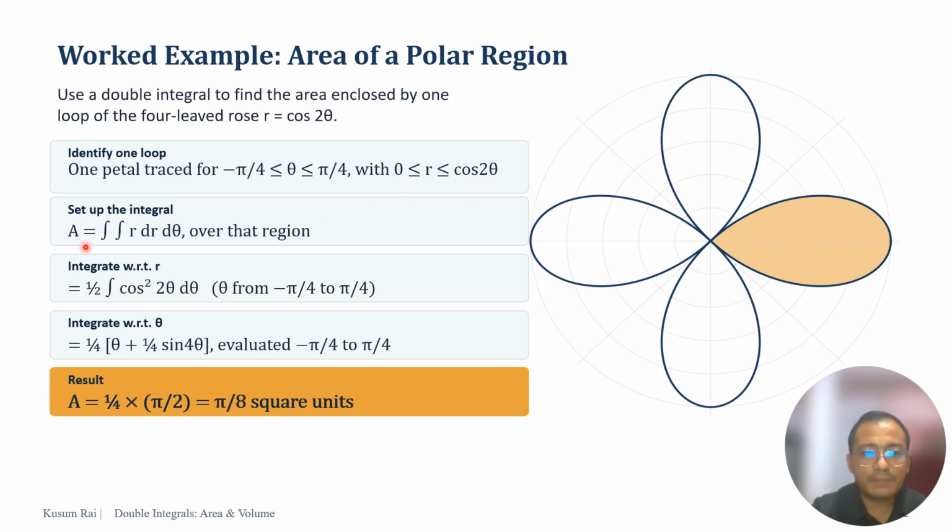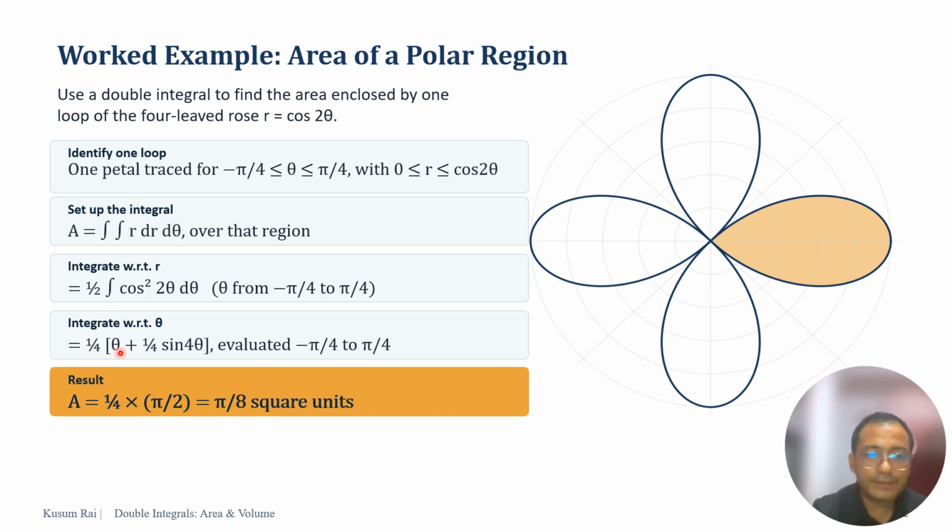Now, while setting up the integral for the area A, it is the double integral of r dr d theta over that region. Integrating with respect to r, we get half the integral of cos squared 2 theta d theta from -pi/4 to pi/4.